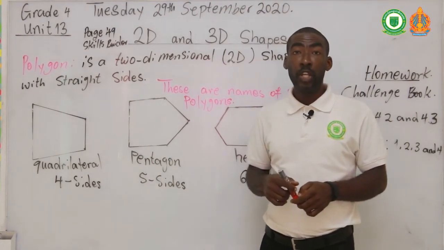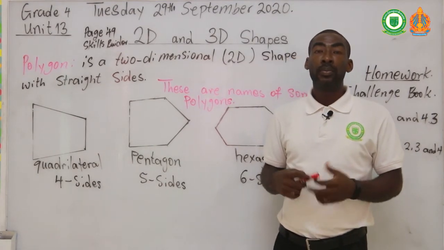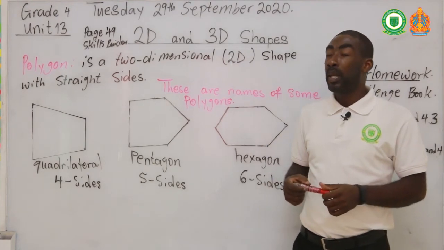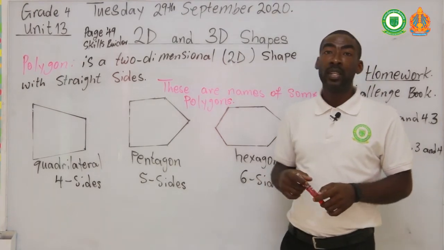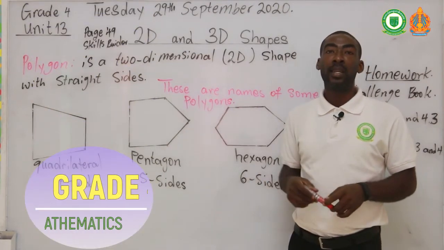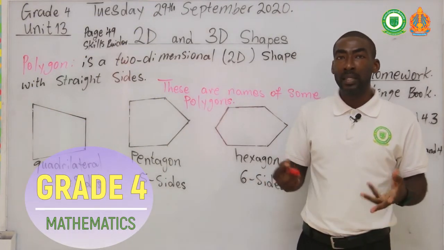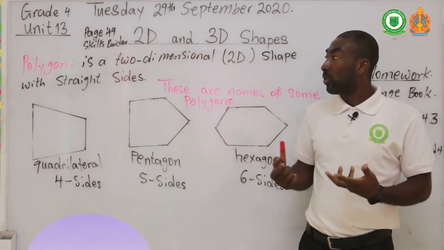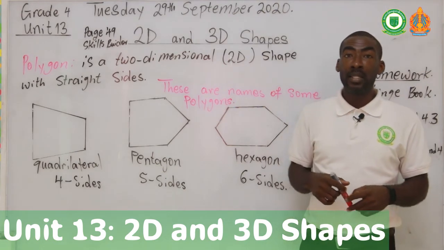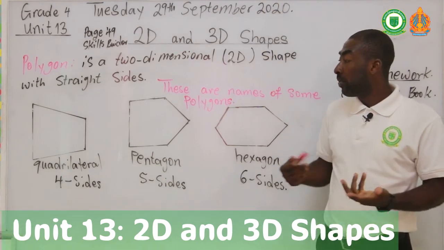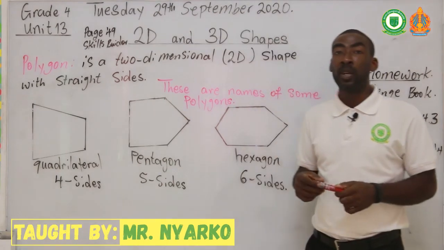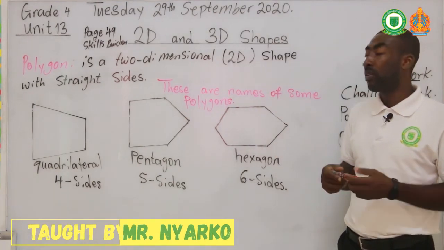So in our 2D shapes, we also studied about a polygon, okay? So you remember that a polygon is a 2-dimensional shape with straight sides and that is also having angles. You studied about angles and you know about your right angle, that is 90 degrees. We also moved further to study some of the names of polygons that you can come across.